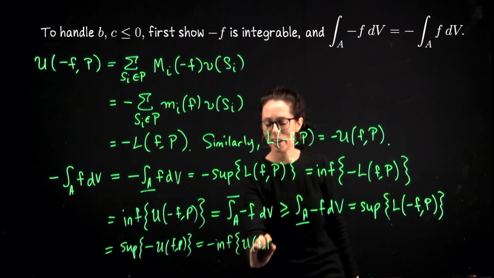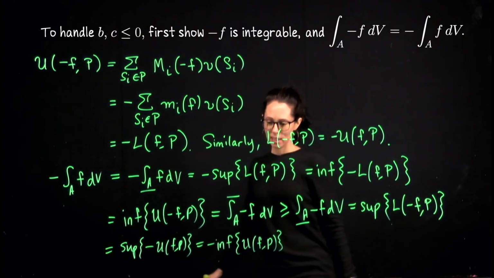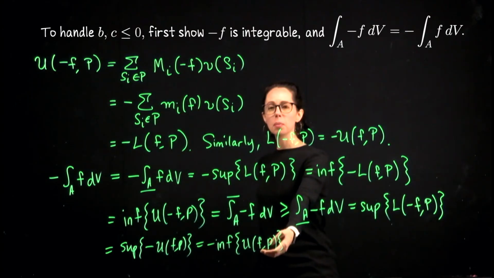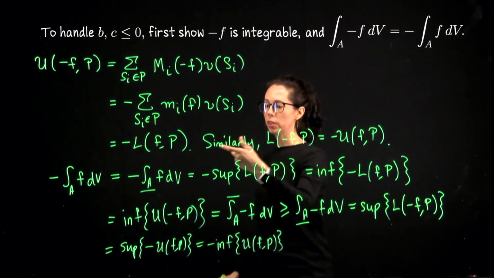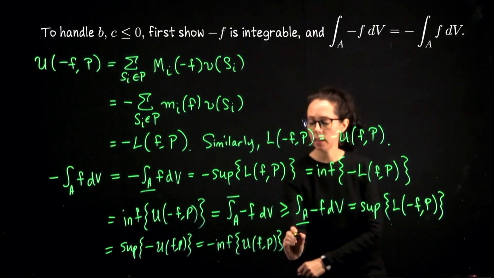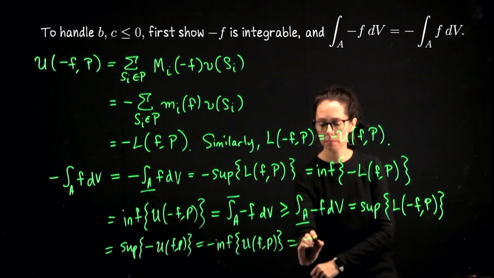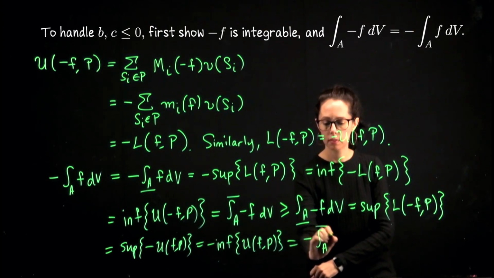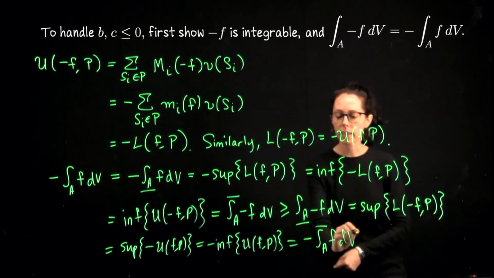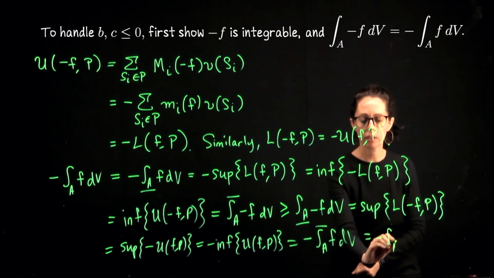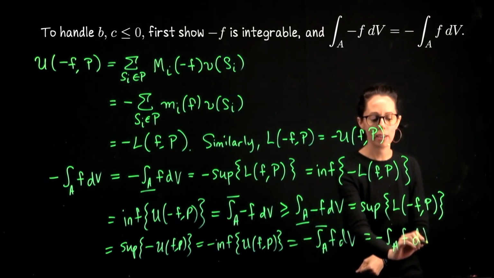Okay, we're almost there. -1 times an infimum of a bunch of upper sums. This is going to give us the upper integral of f over A, and then times -1. But f is integrable, so that's actually just -1 times the integral of f over A.